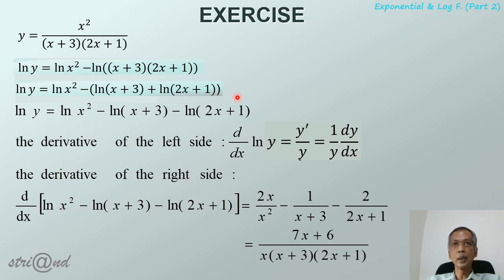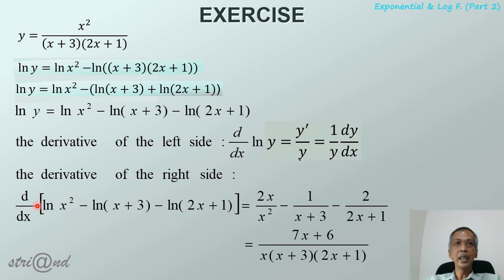And then let's find the derivative of the right side. The derivative of this right side is equal to, we have the natural logarithm of x squared. The derivative is the derivative of the function, as this is the same rule we have applied to this one: the derivative of the natural logarithm of y is the derivative of y with respect to x divided by y.